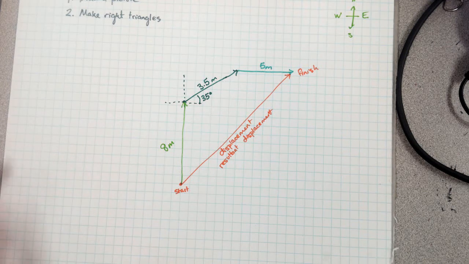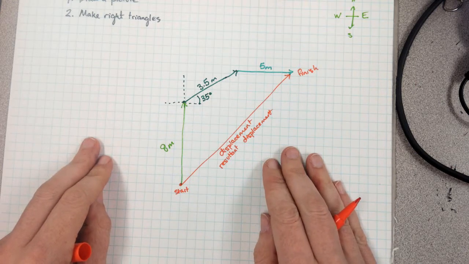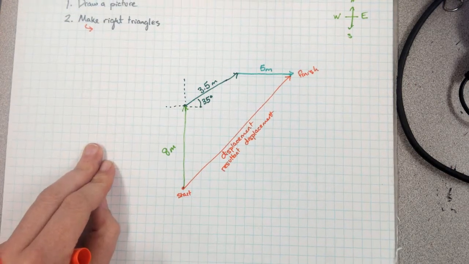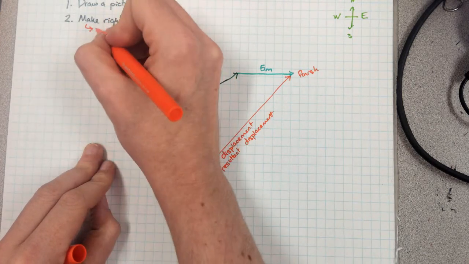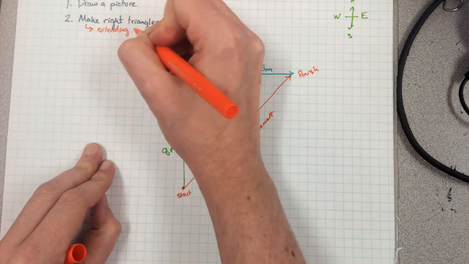But right now you're saying, oh, that doesn't look like a right triangle, right? So don't freak out if you don't automatically see the right triangles.